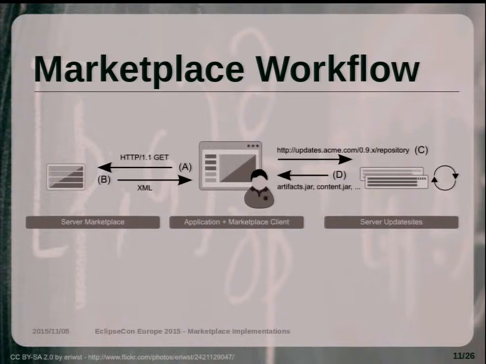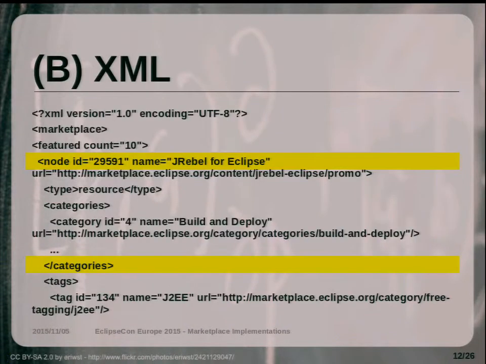So when we go back now, we fired the request, and then we get back an XML file at point number B. And this XML file I showed you before looks like this. So you have the marketplace, you have the featured count. It means how many plugins are delivered within this XML file, which match your request. You have a node ID.